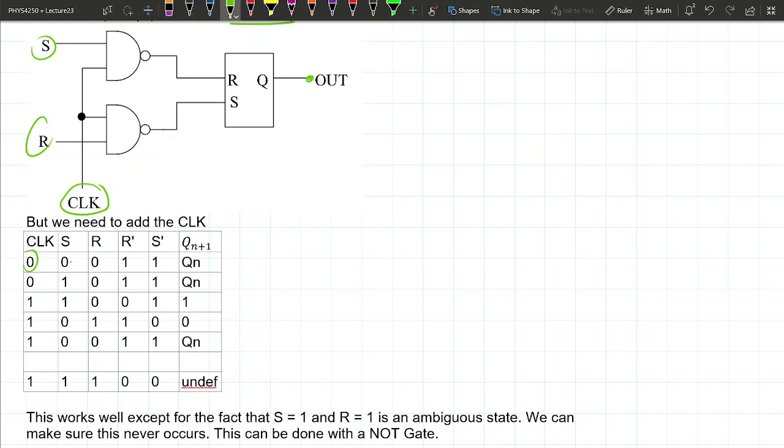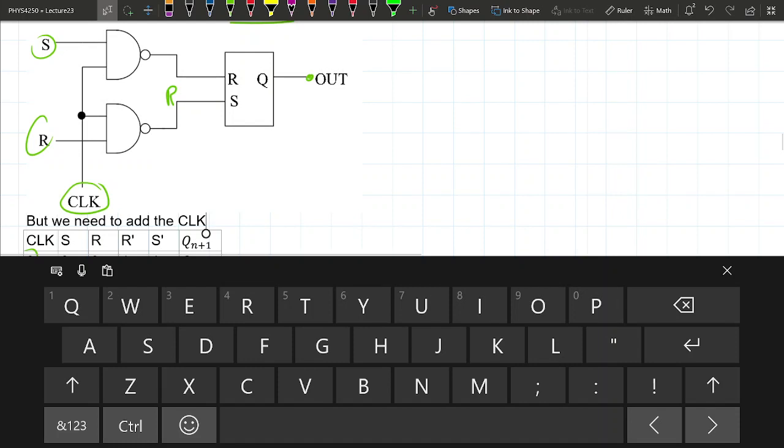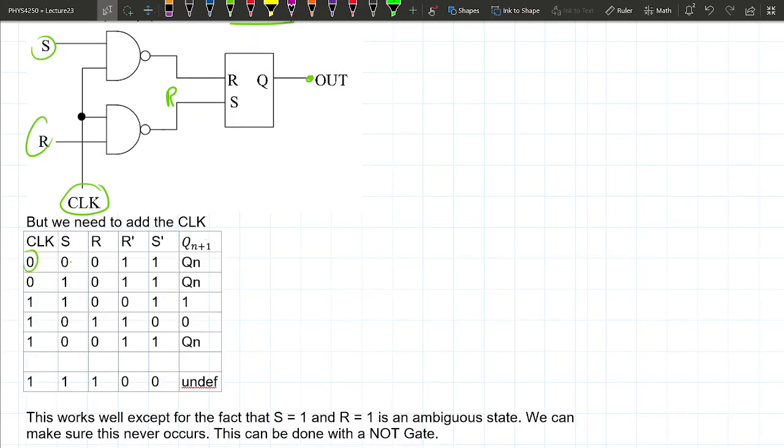So I'm going to call this input R. Let's call this S. Let's call this R prime. Call that S prime. I don't know why they made the diagram flip like that. Sorry for that. I should have checked this diagram before I pasted it.